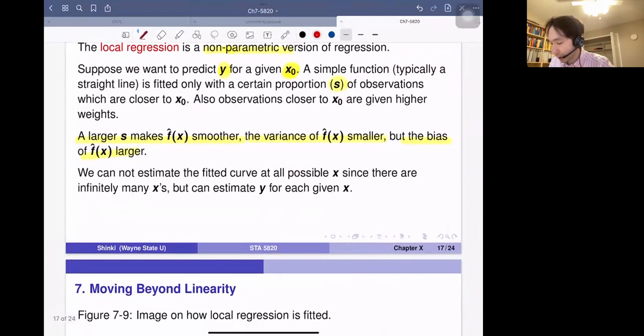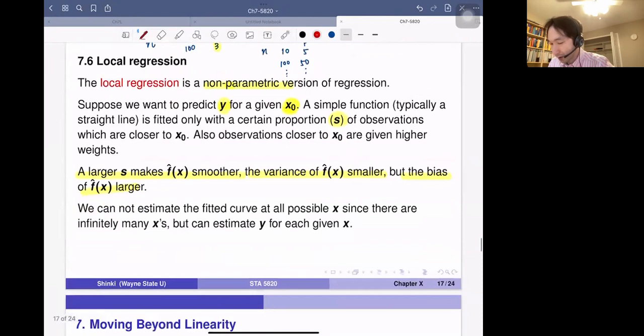So we have a trade-off between the variance and bias. Larger s, variance is smaller, but bias is larger. If s is small, it is more unstable, variance is larger, but bias is smaller. So that's the overall picture of local regression.